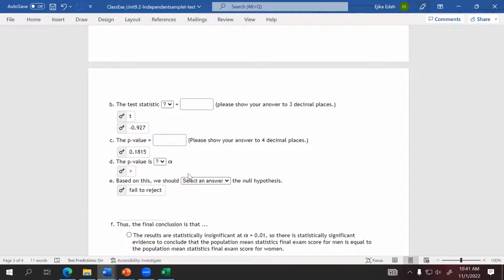So let's look at the test statistics very quickly. Mean of group 1 minus mean of group 2 divided by the square root of their variance.